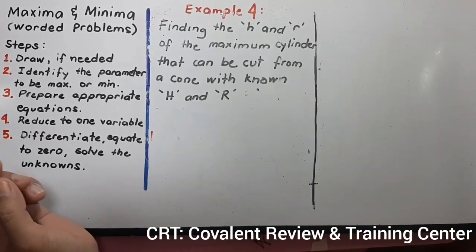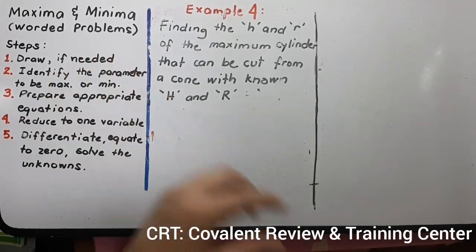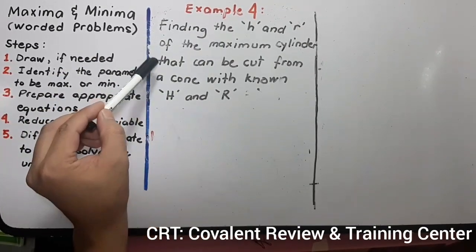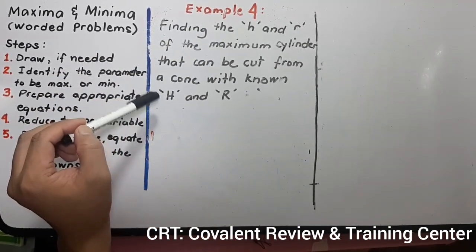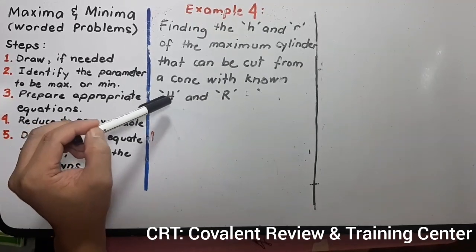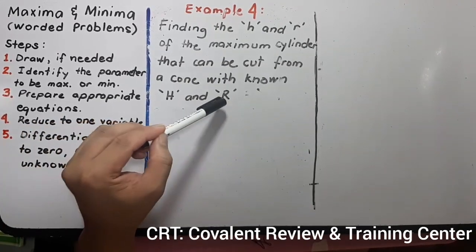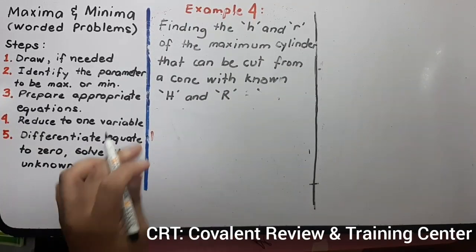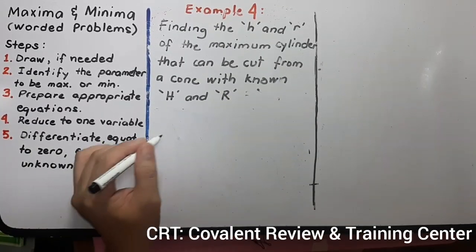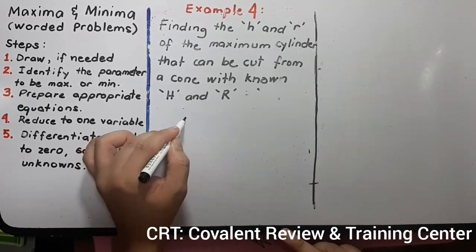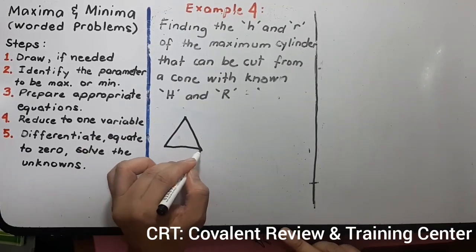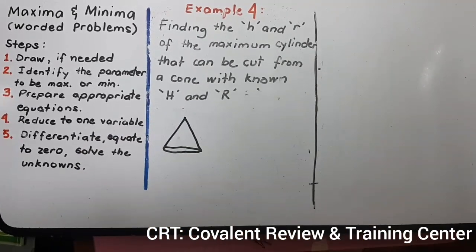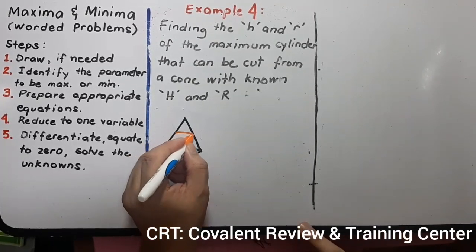Example number 4. Finding the height and radius of the maximum cylinder that can be cut from a cone with known height, capital H, and radius, capital R. The illustration for this problem is, we have a cone, and inside the cone is a cylinder.